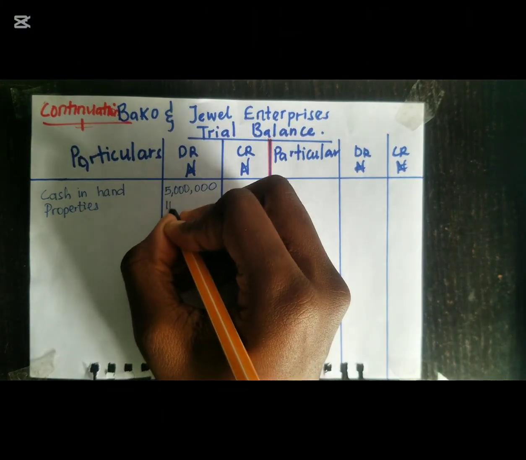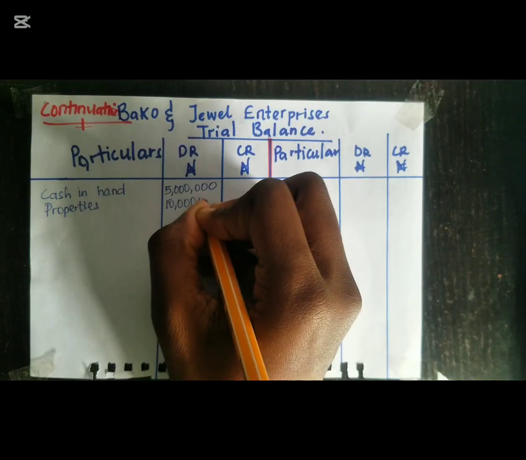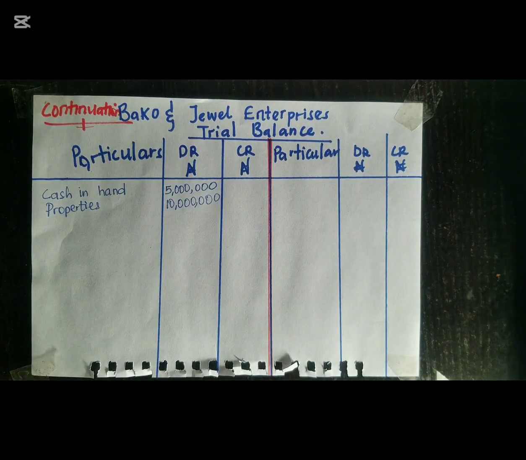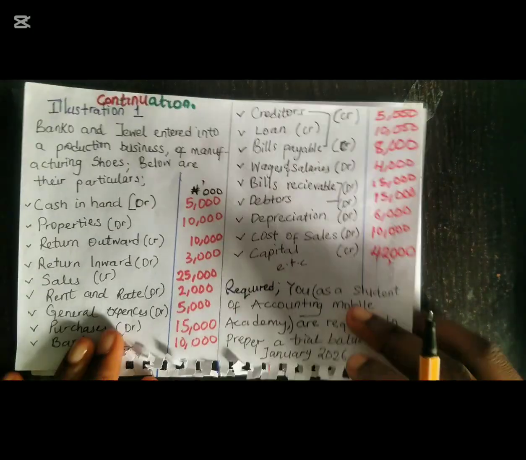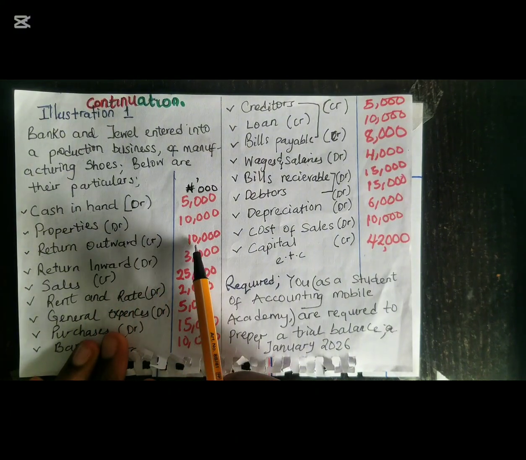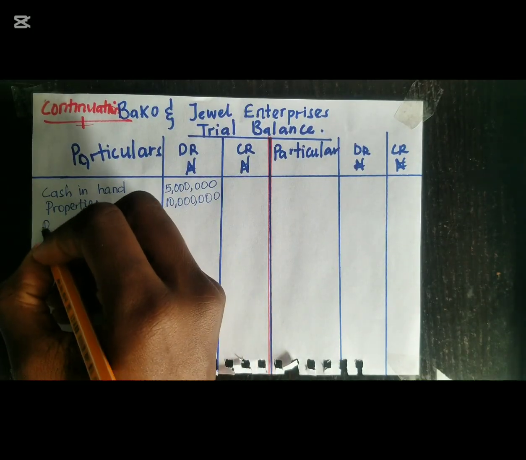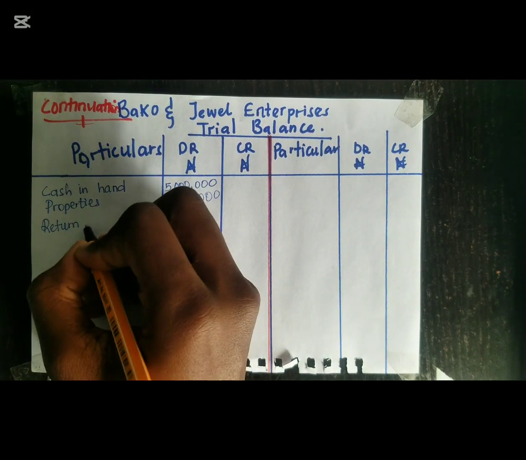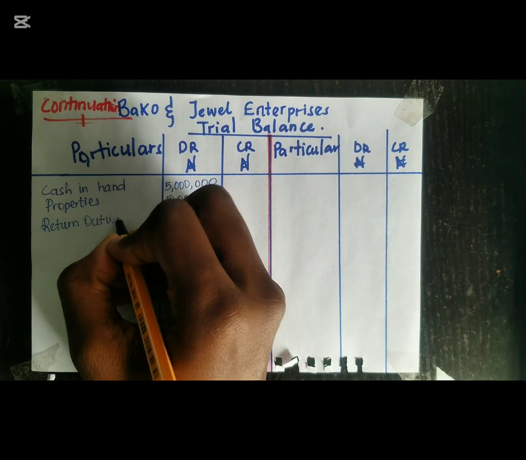We have 10 million. The next one is what? Return outward. Return outward is what? Credited with 10 million naira. So we're going to write return outward.